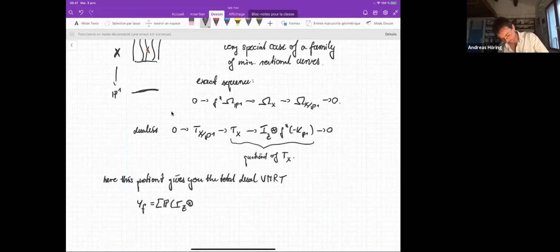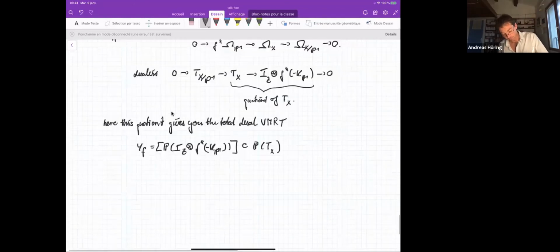Okay, like this. And so you see, it's all very similar to what we had yesterday. You have this variety, which is not a section, but it's a birational section.